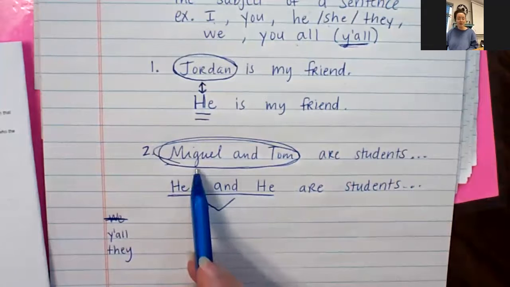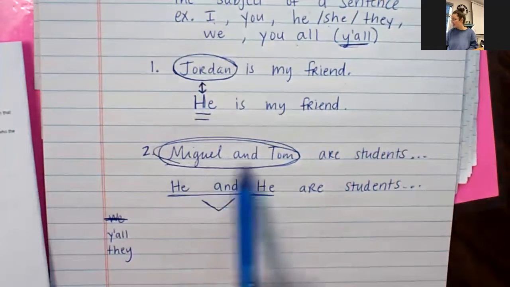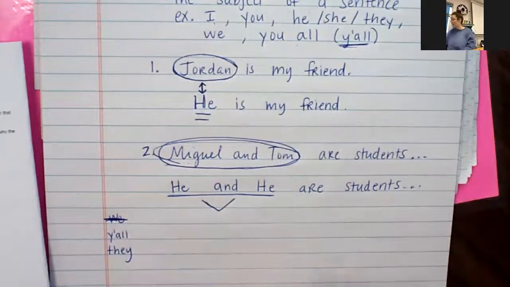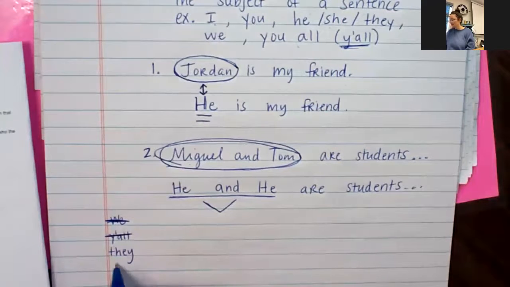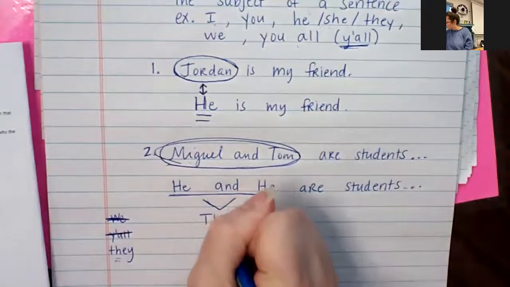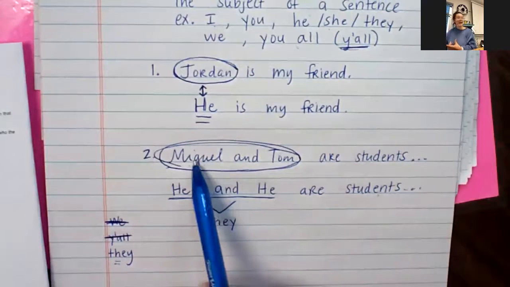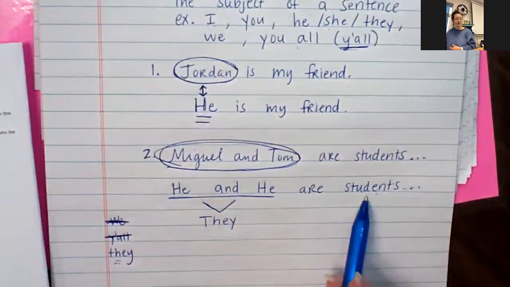It cannot be y'all or you all because nowhere in the subject does it indicate that you are being referenced. So we are going to pick they. And if you think about it in English, this makes perfect sense. They are students. That has the exact same meaning as Miguel and Tom are students. They are students.